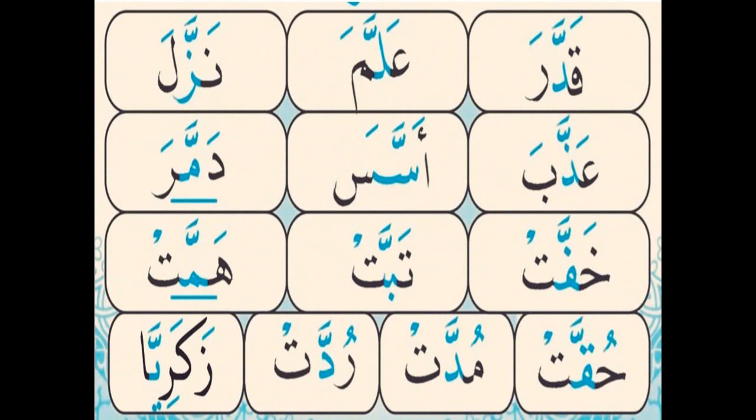For example, number 1, قدر, علم, نزل, عذب, أسس, دمر, خفت, تبت, همت, حقت, مدت, ردت, زكريا.